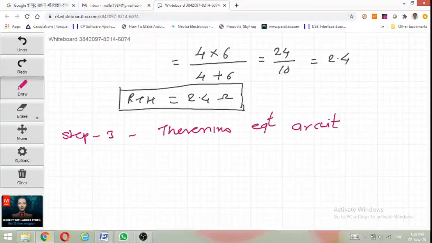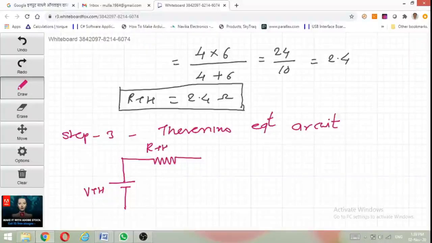Okay, Thevenin's equivalent circuit consists of one voltage source called VTH and one series resistance called RTH. Okay, and these are terminals A and B and the load resistance RL.